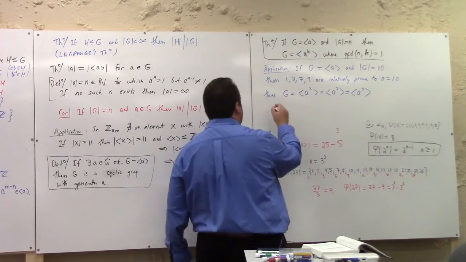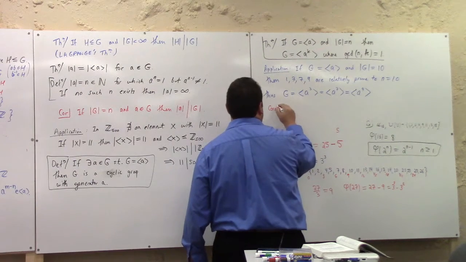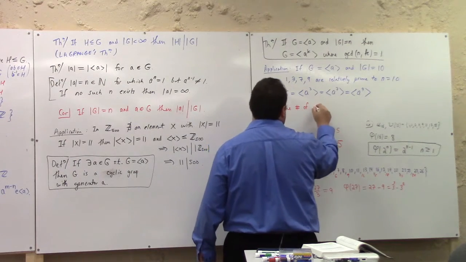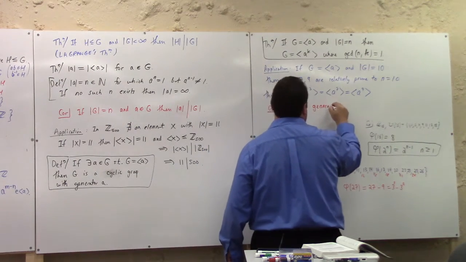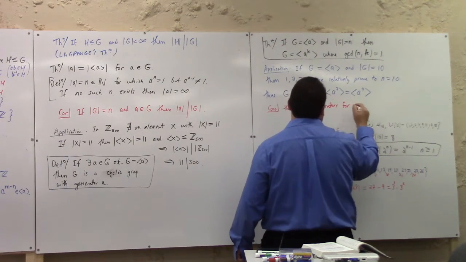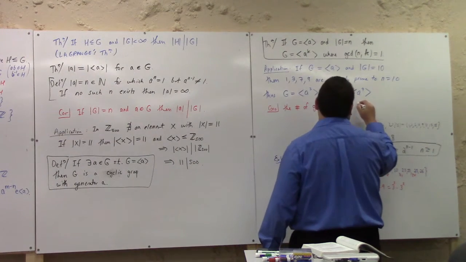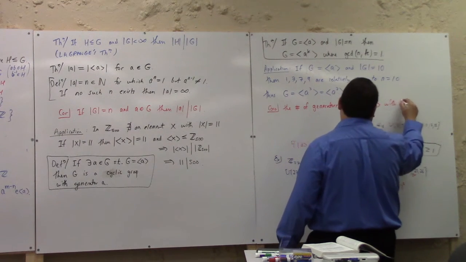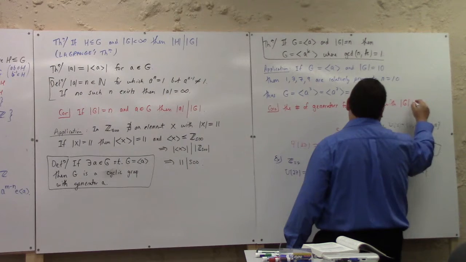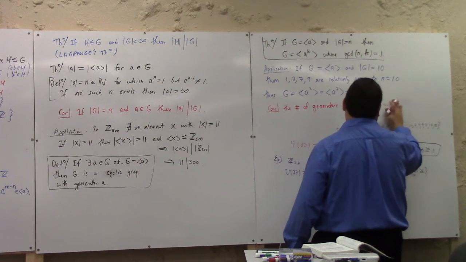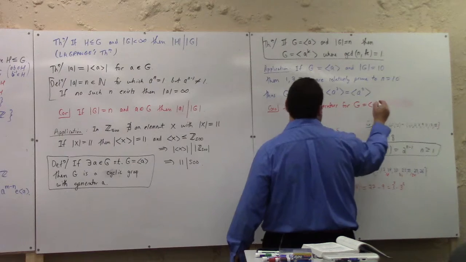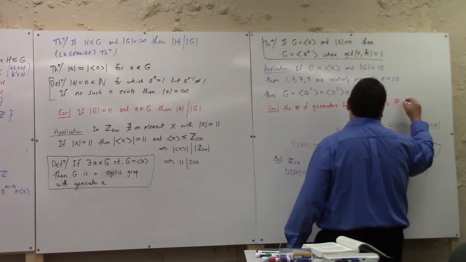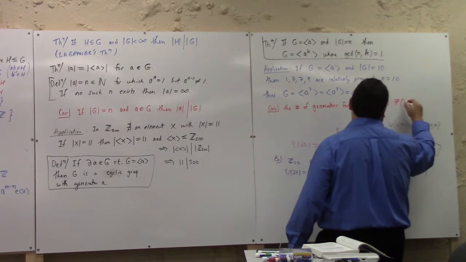So corollary: the number of generators for G cyclic, with the order of G, well, we could just say this rather than introducing an n, is the Euler phi function of the order of G.